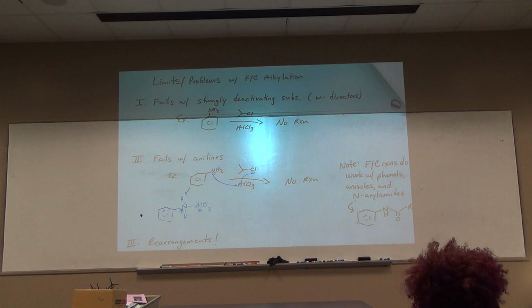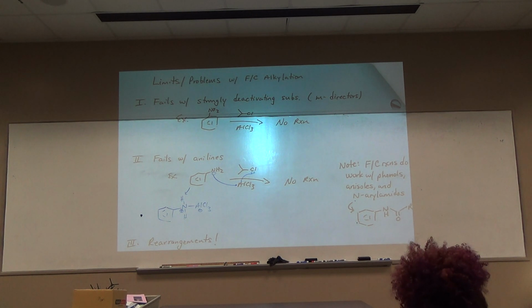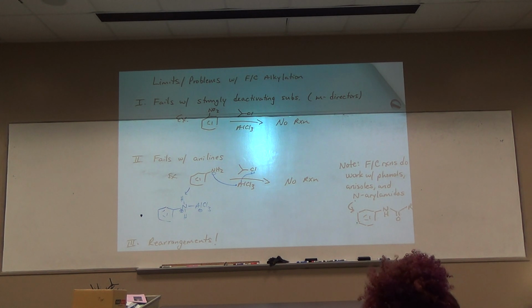Because this amine, although it is conjugated, it is somewhat basic, slightly basic. In organic 1, we said not basic. A lone pair conjugated, not basic. This aniline is slightly basic.